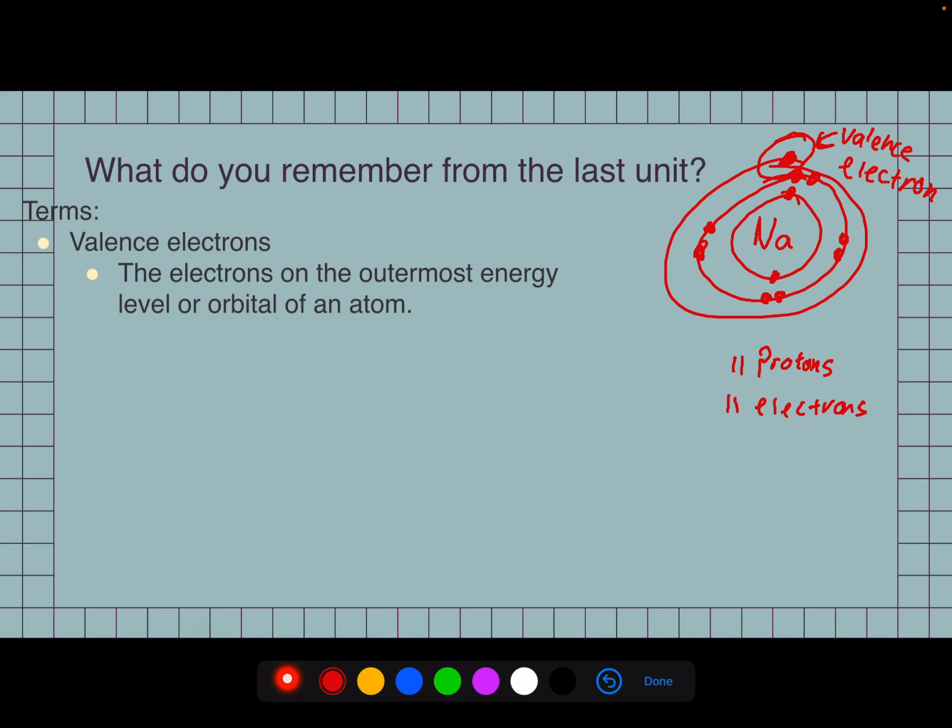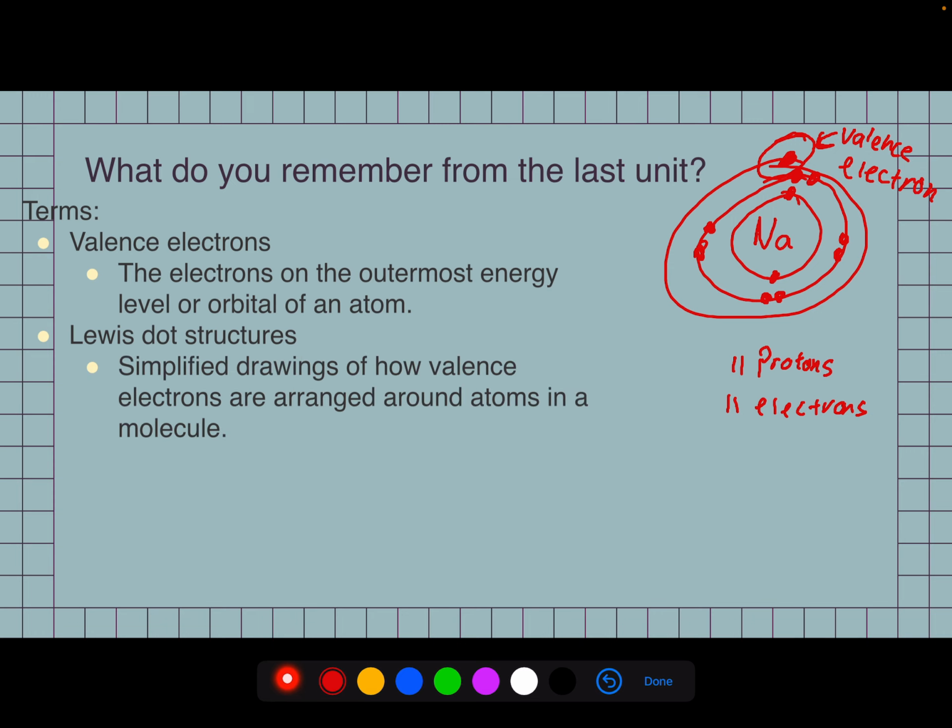Okay. Now our next term here is talking about Lewis dot structures. So Lewis dot structures are very easy. Okay, and you're going to get real familiar with them if you're not familiar with them yet. Your Lewis dot structures are simplified drawings of how valence electrons are arranged around atoms in a molecule. So really, what all that means is, for example, we have sodium up here.